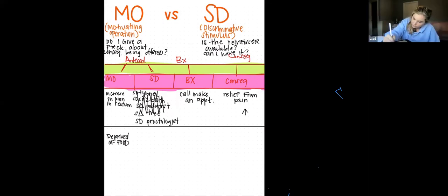Access to food. So by the way, when we're talking about MOs, we go from deprivation, meaning not having enough of something, to being satiated, meaning we have it, okay? So the idea would be access to food or satiation of food, meaning you're no longer hungry. Can you give me an example of an SD maybe in this scenario?